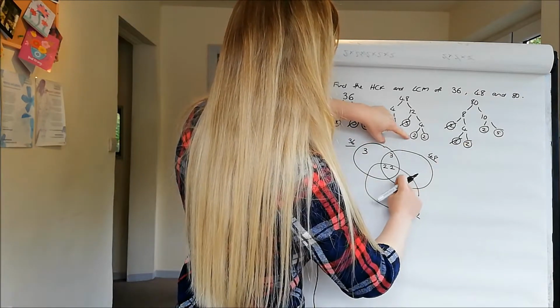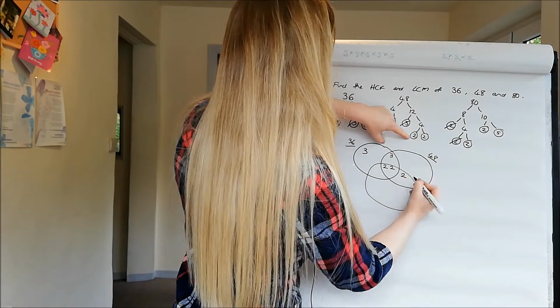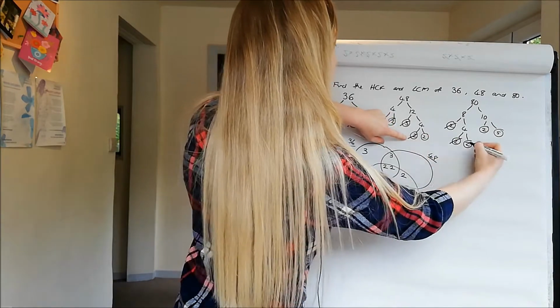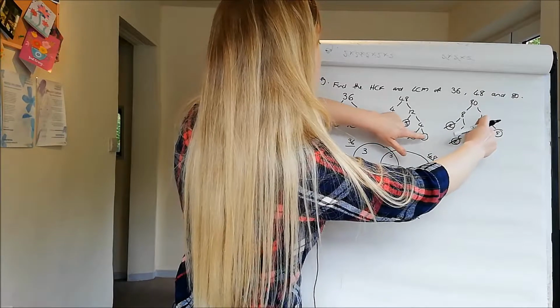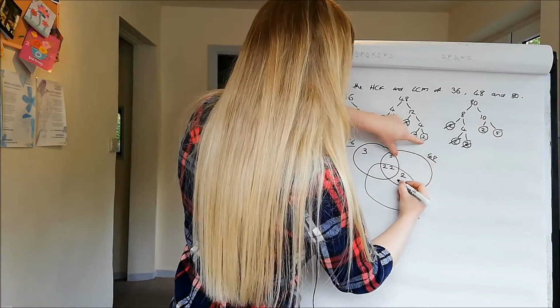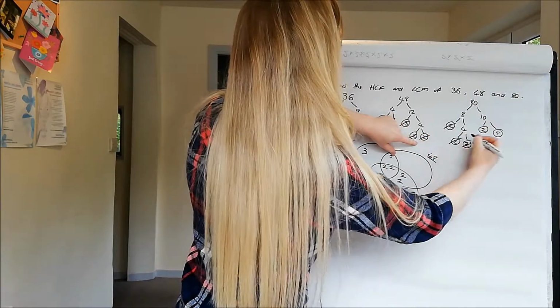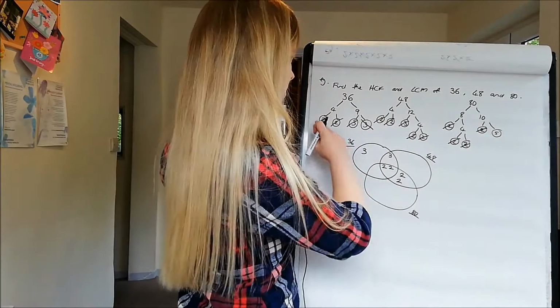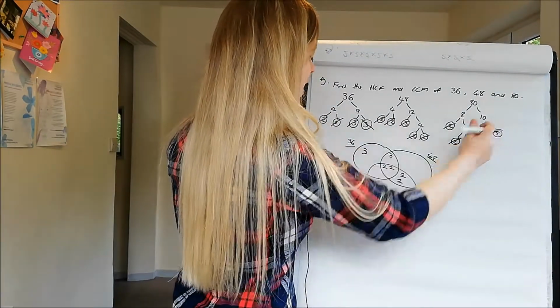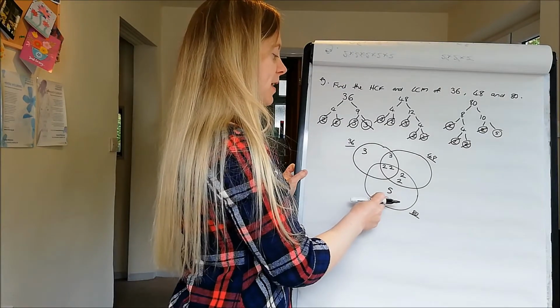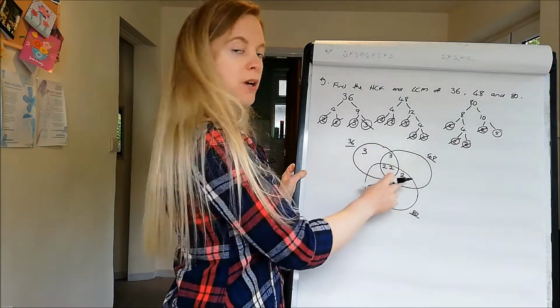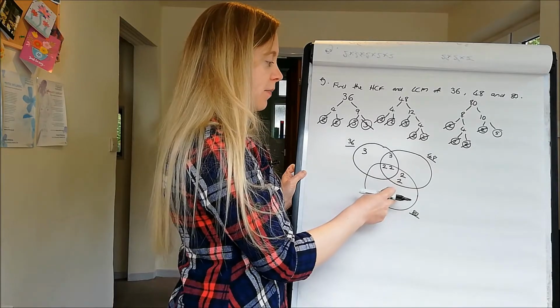So between 48 and 80, the bit that they share, I'll put a 2 and I'll cross that off each. 48 and 80 each have another 2, so I'll put that in their shared area and cross it off each. And then 80 has a 5 that's not shared with anything else, so I'll put that in just 80's part. So that's what my 3-way Venn ends up looking like.